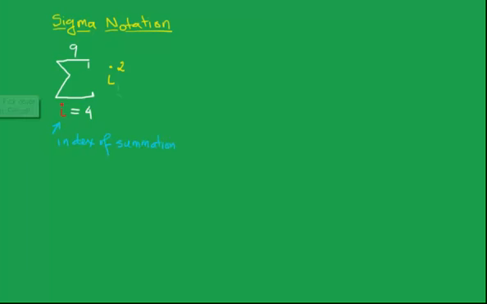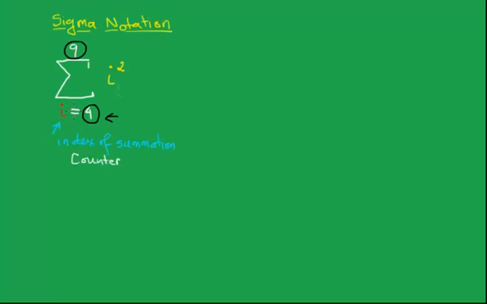And I like to call it the counter, because basically what we're doing here, we're counting. We are counting from 4 to 9. So this is where we start here at 4, and this number here indicates where we stop.